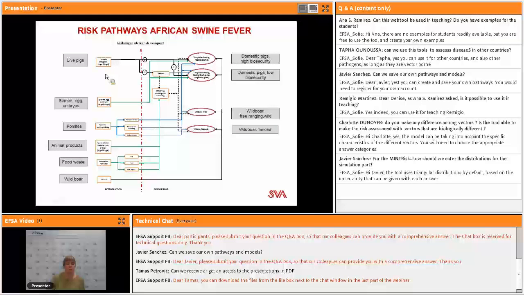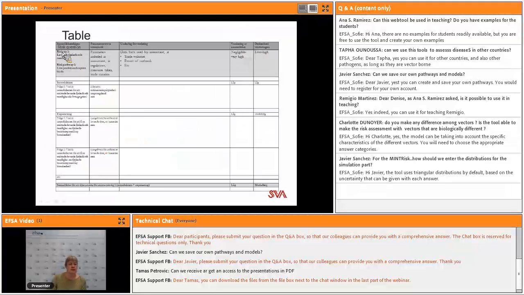These different pathways go into the table, and in this table you have the risk question in one column, then the next column is what parameters to include in the assessment, and the next column is the data from these different parameters, and then your assessment and the uncertainty.